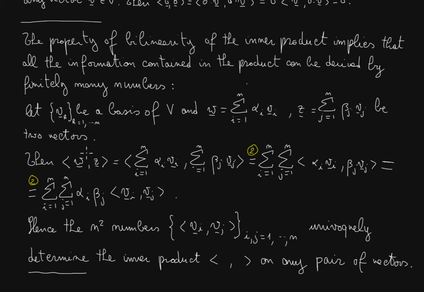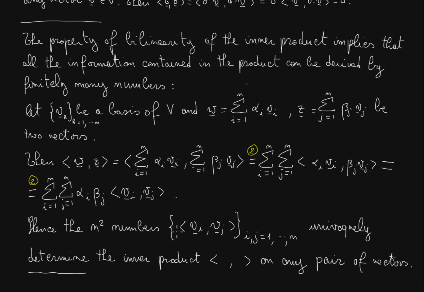Therefore, the inner product of two randomly chosen vectors of V, namely w and z, can be uniquely expressed as a sum of these inner products of the elements of the basis for any i and any j.